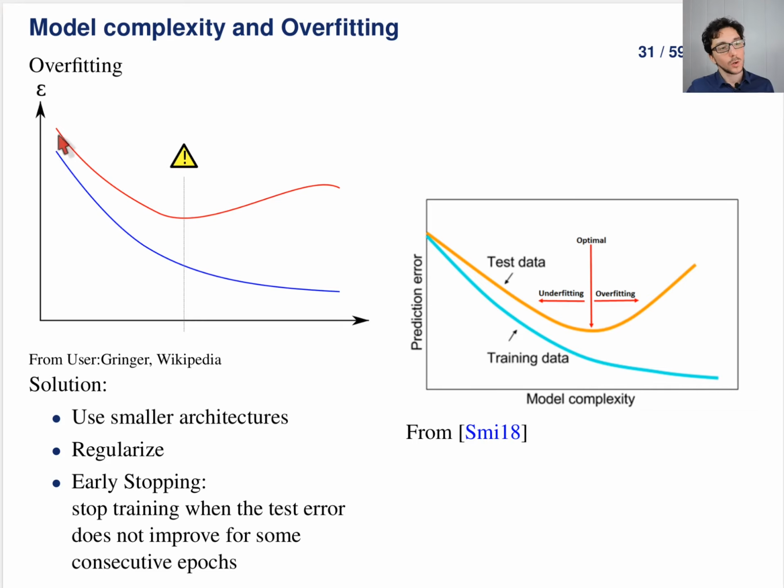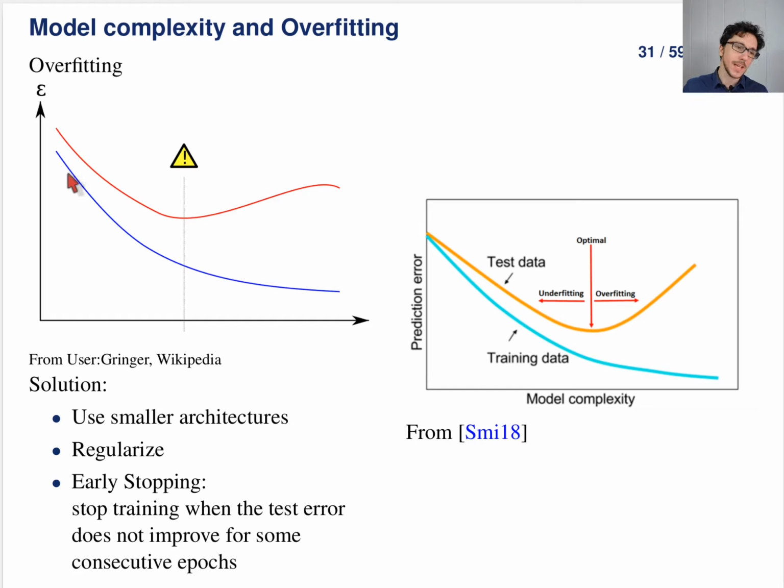It works like this. In this picture, I'm representing the loss function on the training dataset and on the test dataset. The blue curve is called training loss, and the red curve is called validation or test loss. Each point corresponds to an epoch.